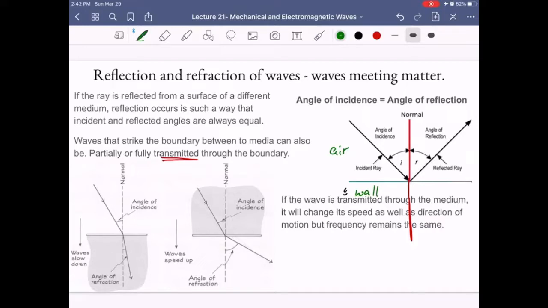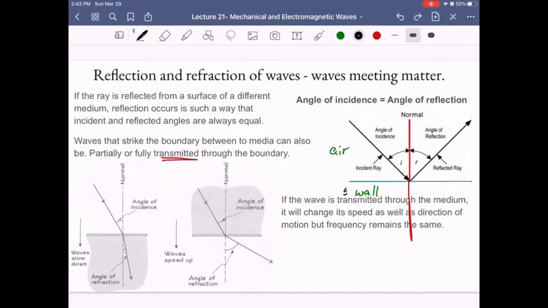We know that sound waves move faster in solids than in gas or air, so the sound wave would speed up. It turns out that when the transmitted wave speeds up, it will bend away from the normal, so it will not carry on in a straight line.